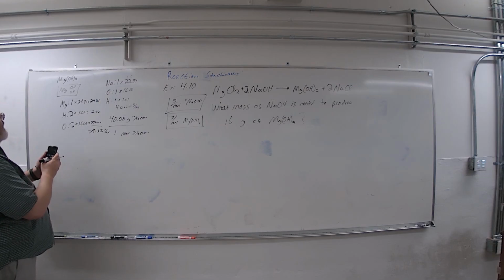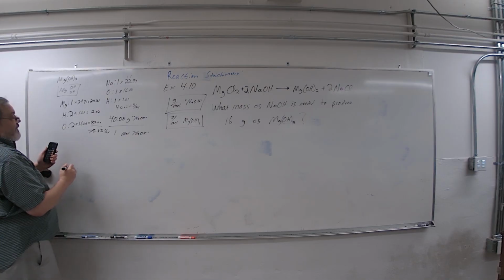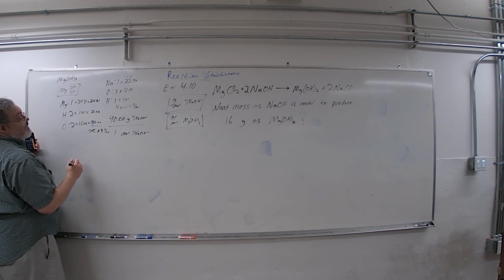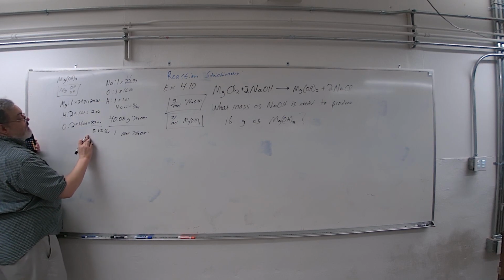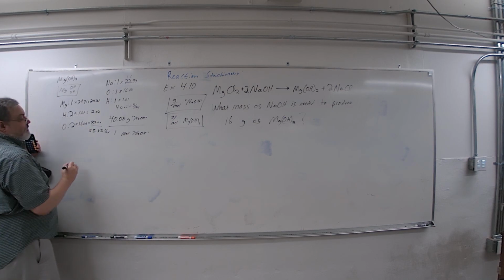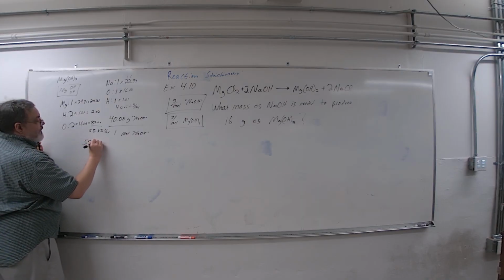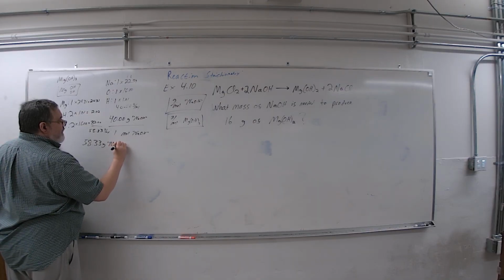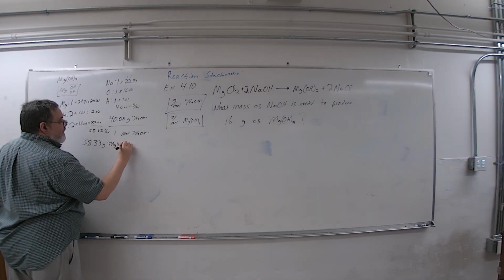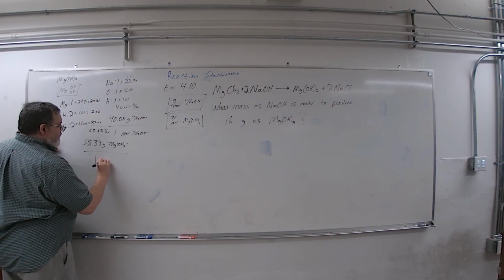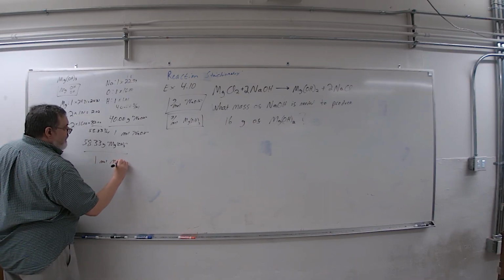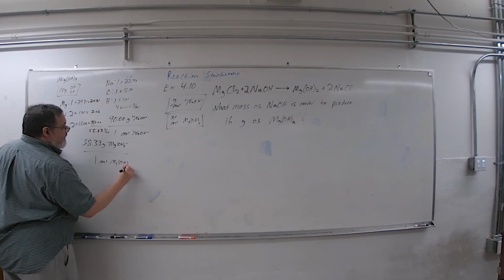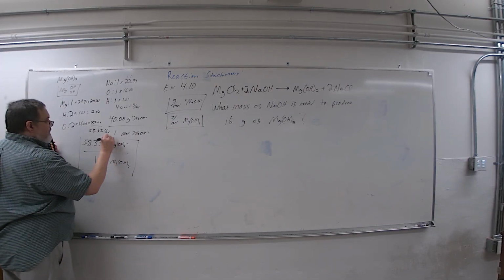I'm going to double check. 24.31 plus 2.02 plus 32. 58? Yeah, I did that wrong. Whatever. It's 58, right? Did I do that right? Is it 58?